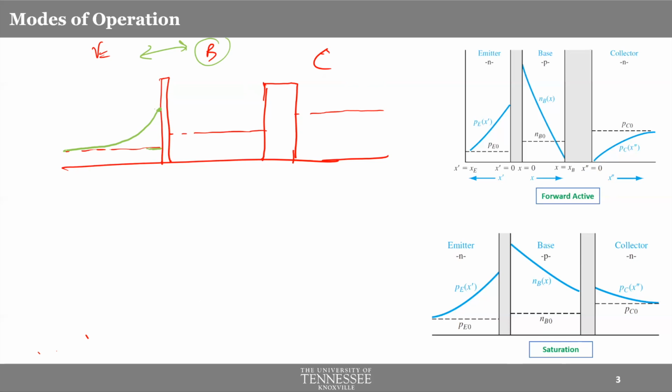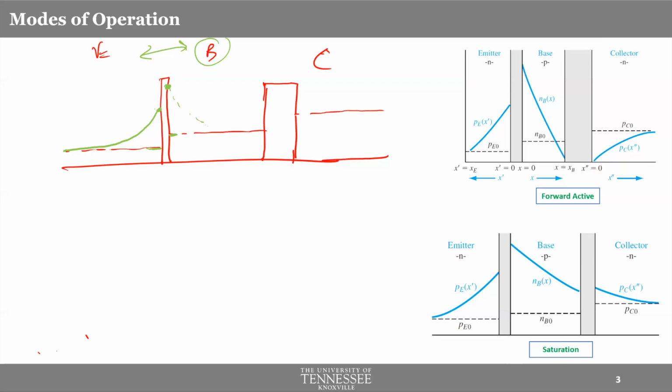For the base, we still have forward bias, right? So we will have more than the thermal equilibrium concentration here, so higher concentration. I will draw that later. I haven't drawn the entire thing, but it will gradually diminish. That's what you surely know. But where it will eventually go, we will see in a second.